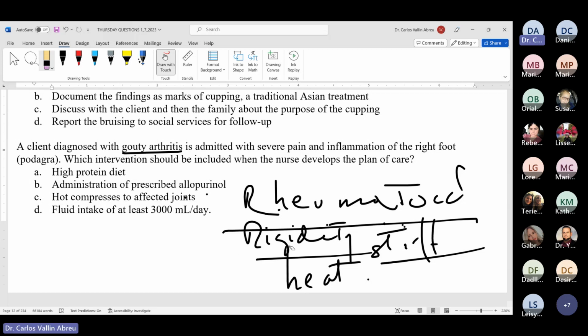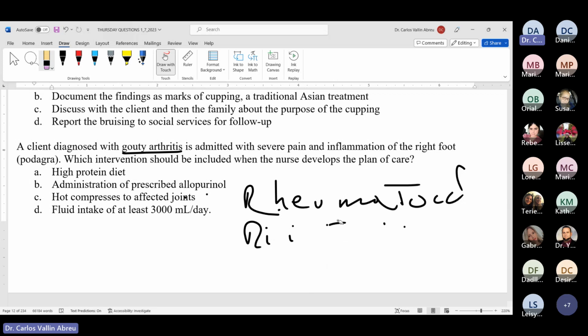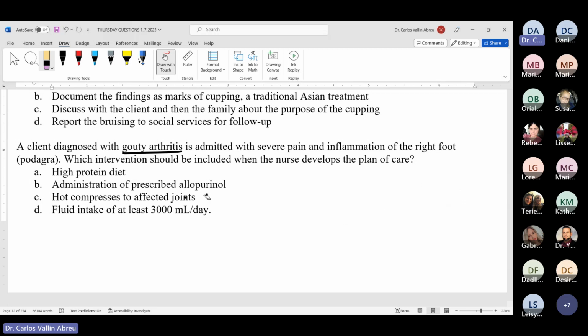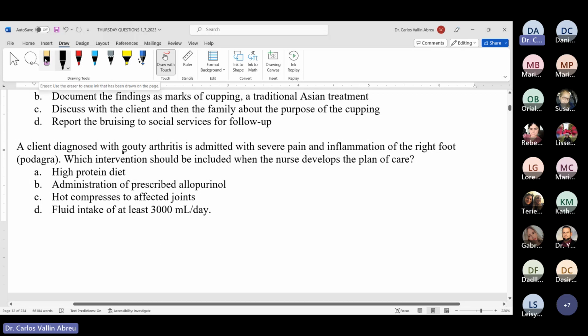Also remember the diet, which basically what the clients must avoid is organ meats, but few people consume organ meats. That's why it's not frequent in NCLEX. Liver, kidneys, etc. But it's not usual in the American diet.